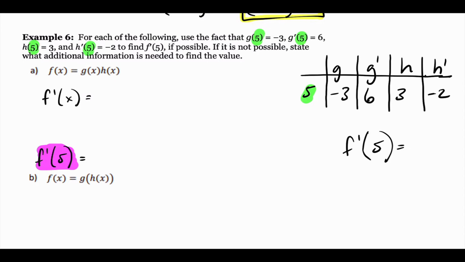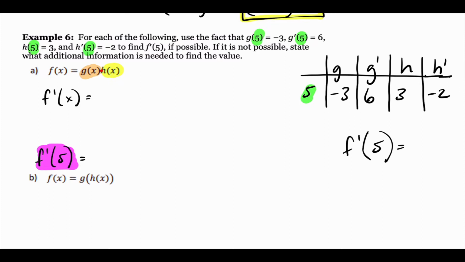How do I find the derivative for this? Yes, product rule. I have this guy times this guy. That's product rule. Now, I don't have the actual function. I don't know what g of x equals, and I don't know what h of x equals, but I know what I'm going to do.